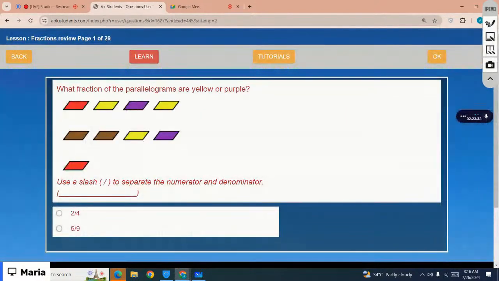What fraction of the parallelograms are yellow or purple? So, which is the correct option?